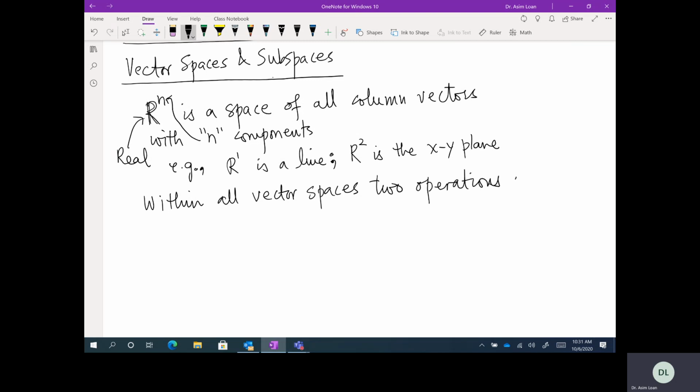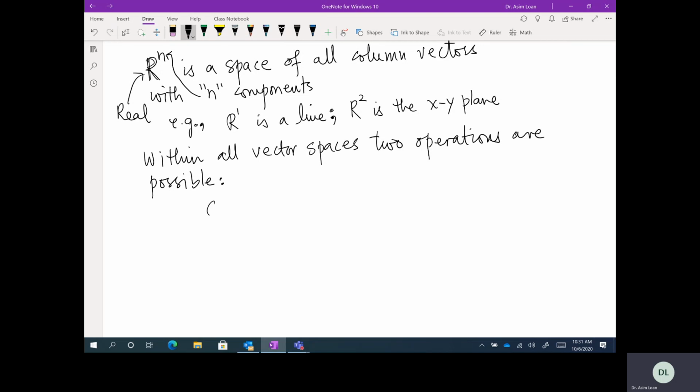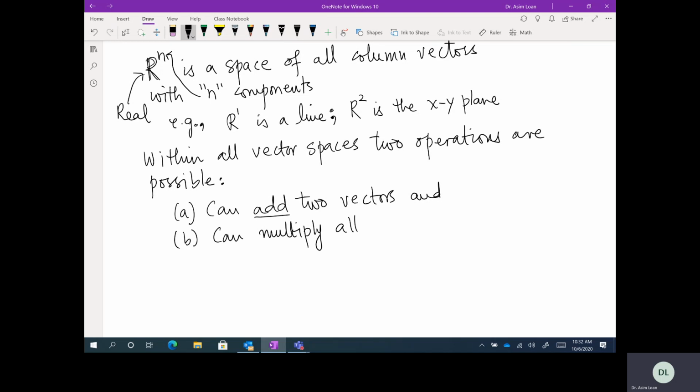You can add 2 vectors, and you can multiply vectors by scalars.